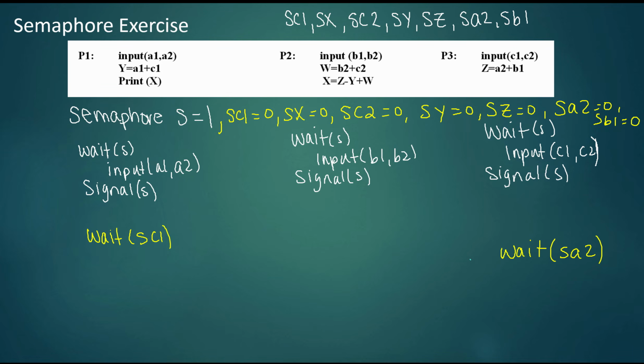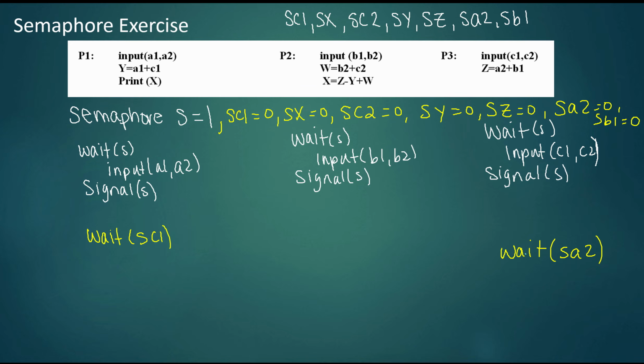The reason I put these down is that instructions go from top to bottom, so if the process P1 gets here and hits this wait, it's just going to sit there waiting. It's not going to proceed past that until the signal happens. So that signal needs to be before this wait, because otherwise we would end up with these two sitting here waiting for each other and never progressing, and therefore they will be in a deadlock situation. So that's important to take note of.